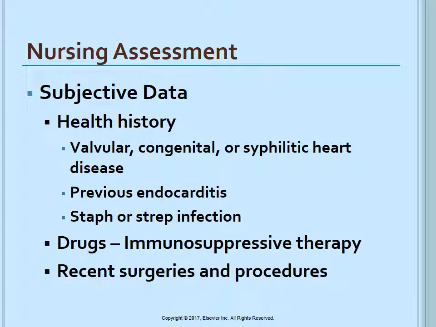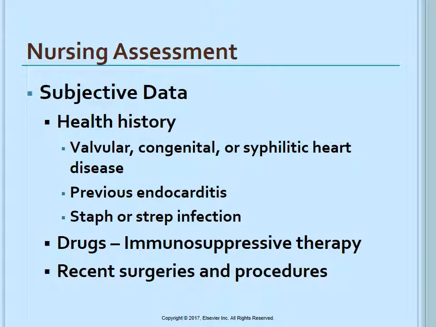Obtain the following health information from the patient. So, past health history. We want to look at any valvular, congenital, or syphilitic heart disease, including valve repair or replacement, previous endocarditis, childbirth, staphylococcal or streptococcal infections, hospital-acquired bacteremia.